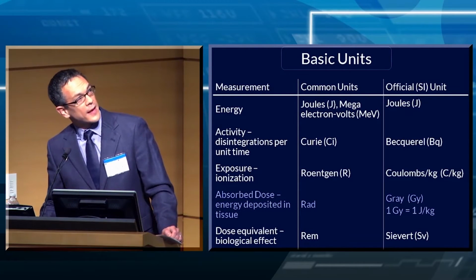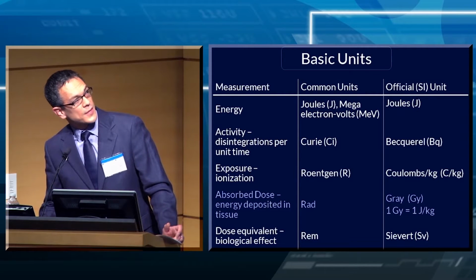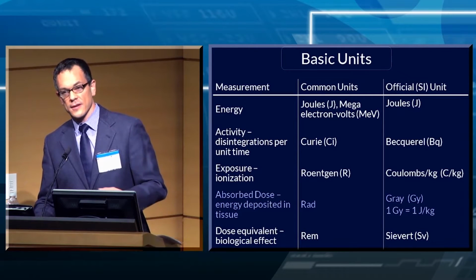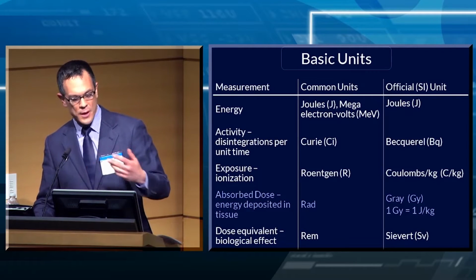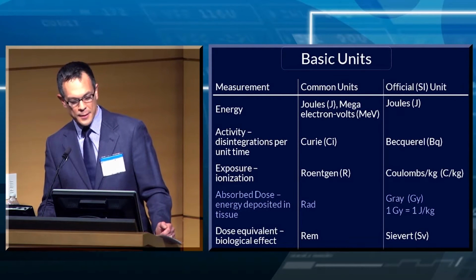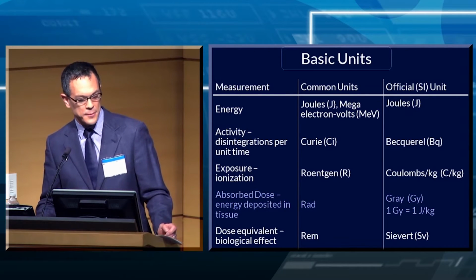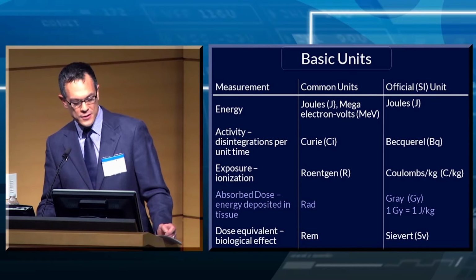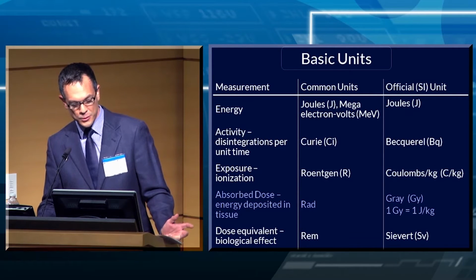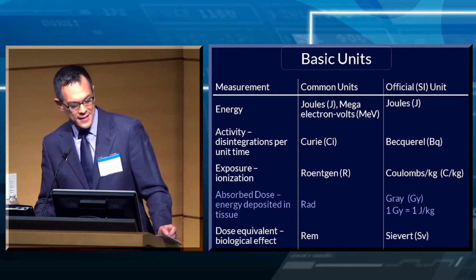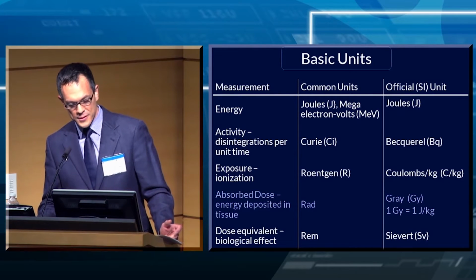There's the notion of energy, which is in units of joules; activity, which, if you have radioactive material, is how active it is, so how many disintegrations per unit time, in units of curies or becquerels; exposure, which is how much ionization the radiation is causing, in Roentgens or coulombs; absorbed dose, which is the one you're most interested in and probably most familiar with, these days usually in units of Gray; and then biological dose equivalent.